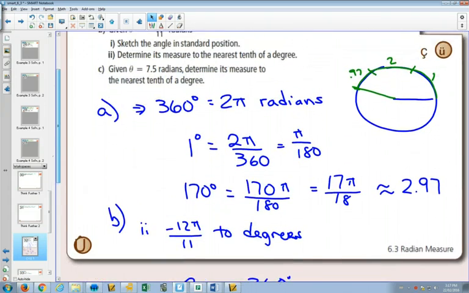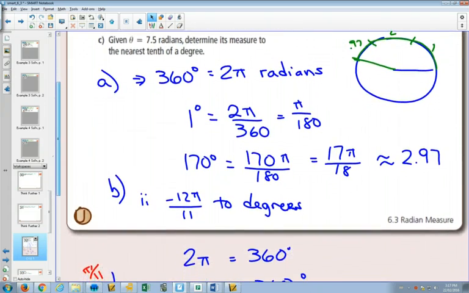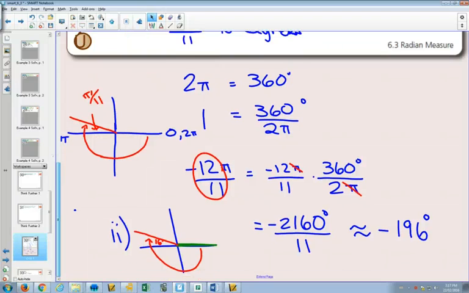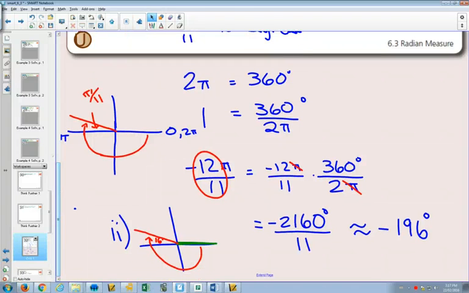Finally, part C. Given theta is 7, I was going to show you a shortcut before we get to part C. There's a shortcut for changing radians to degrees if there's a pi involved. Now, one thing I want you to notice in this step right here. Did you notice your pi's canceled out? And you always have 360 divided by 2, which is 180.